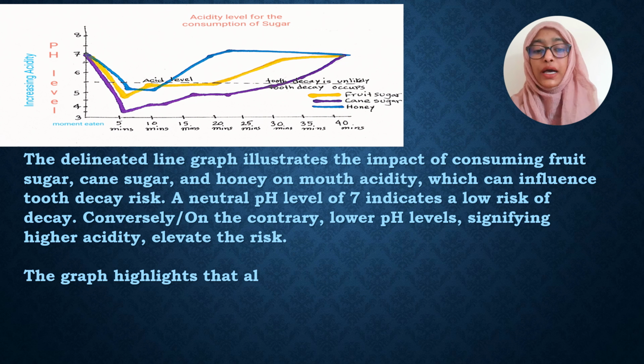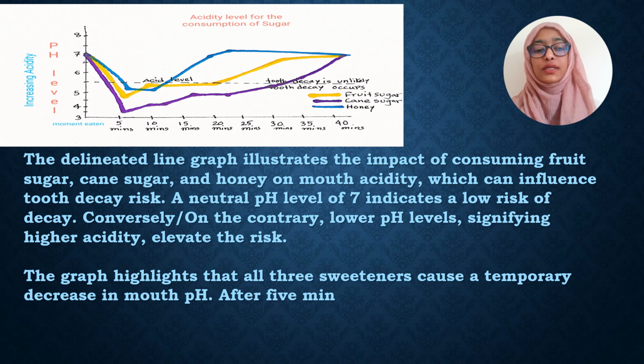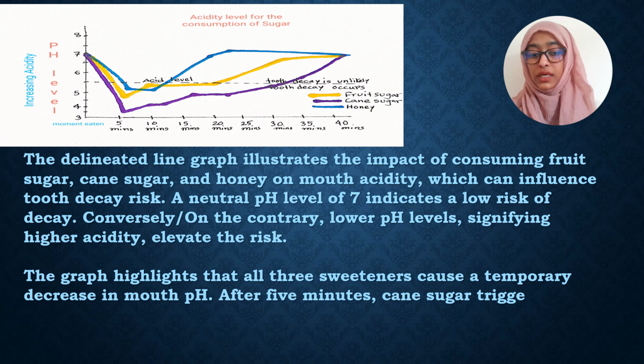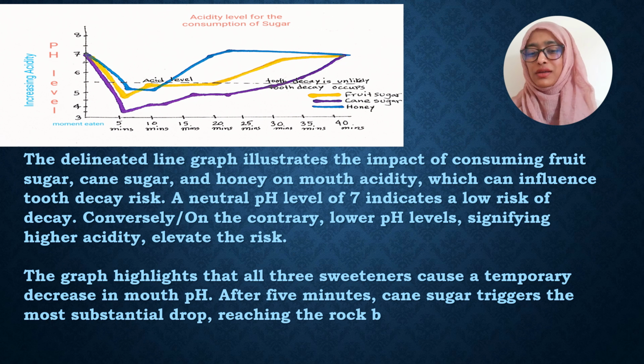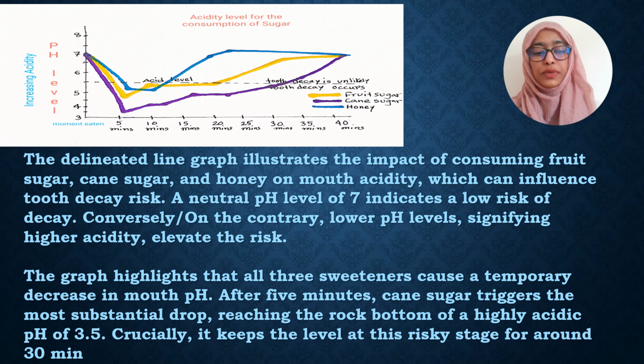The graph highlights that all 3 sweeteners cause a temporary decrease in mouth pH. After 5 minutes, canned sugar triggers the most substantial drop, reaching the rock bottom of a highly acidic pH of 3.5.